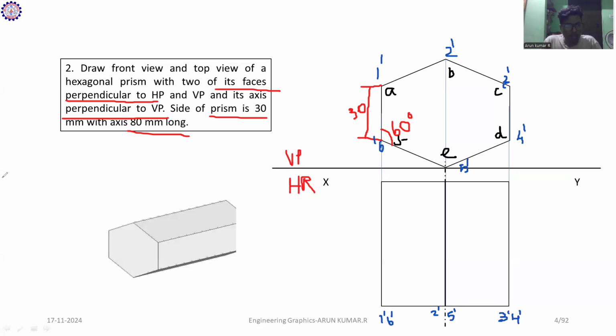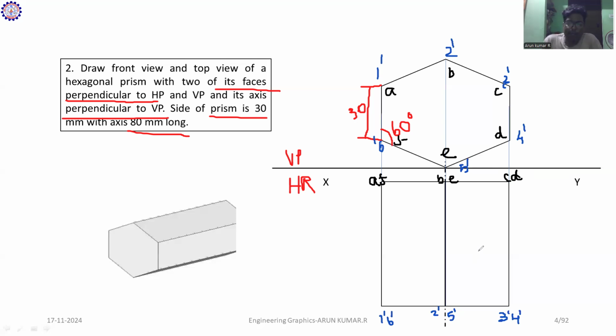In the other case, it is A and F. Don't mention a dash here. Here B and E, here C and D. That's it. This represents the bottom side of the hexagon, and this represents the top side.